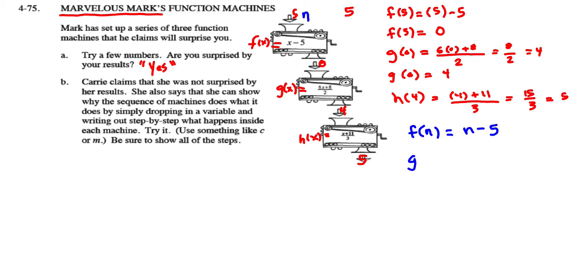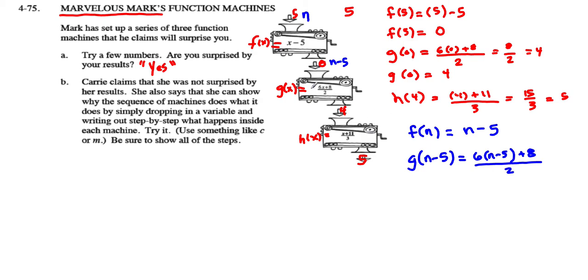So we're going to say g of n minus 5. This is n minus 5 coming out, and it's dropping in here. Let's plug it in for our x. So g of n minus 5 will equal 6 times n minus 5, plus 8, over 2.